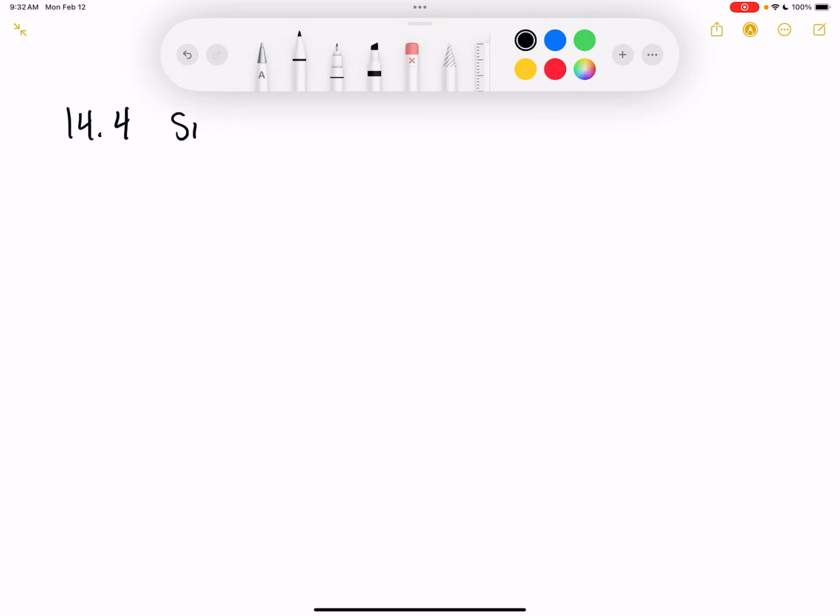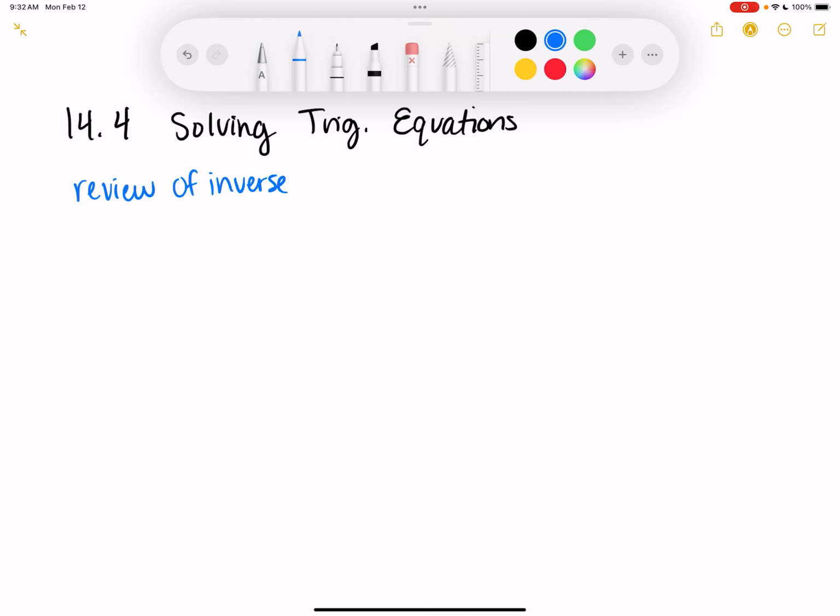All right, 14.4, solving trig equations. A couple things we need to remember is the inverse trig stuff. So on the circle, where does inverse sine exist? Okay, right side.